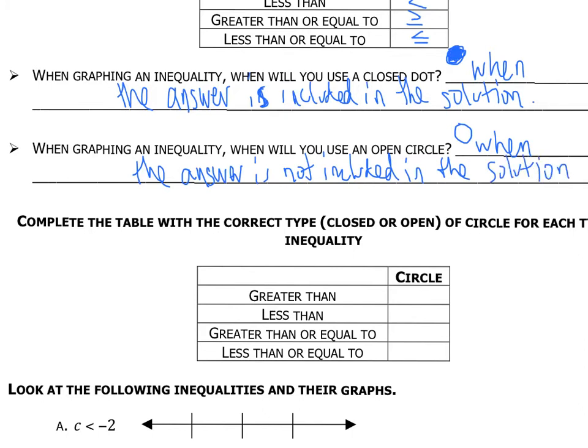Like I said, we're going to revisit this, and I'll show you exactly what I mean. Closed dot when your answer is included in the solution, and an open circle when the answer is not included in the solution.